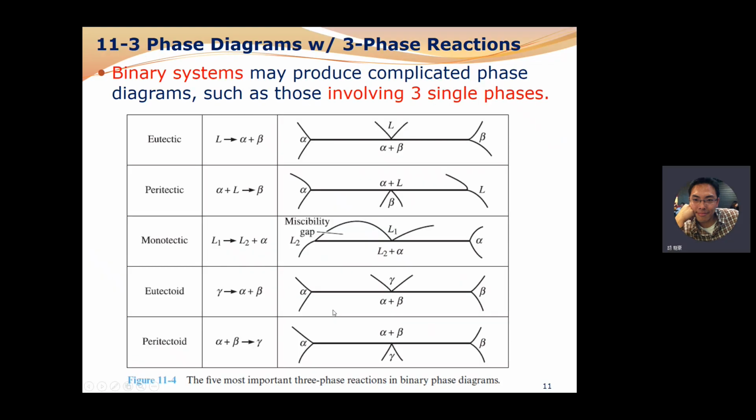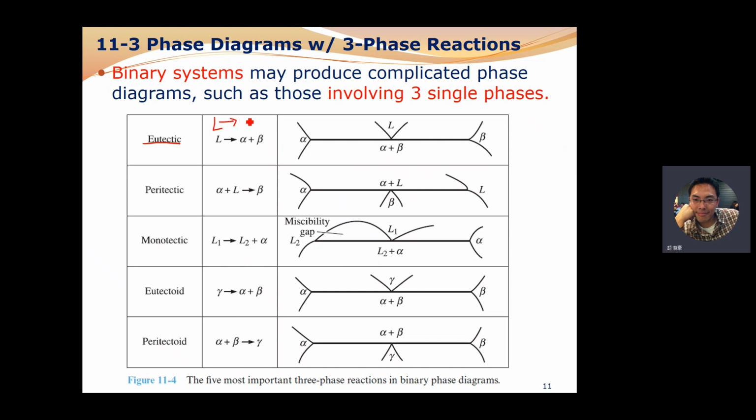Okay. So let's look at some phase diagrams, some three-phase reactions. As I already mentioned, the eutectic reaction. So what's the definition of eutectic? The reaction occurs when a single-phase liquid transforms into two solids.